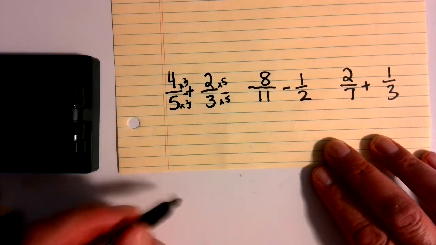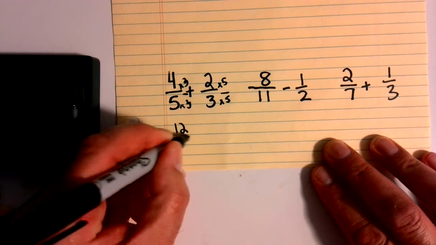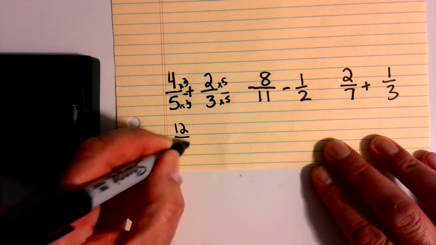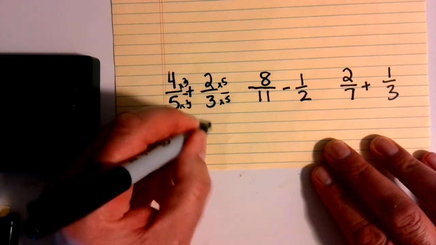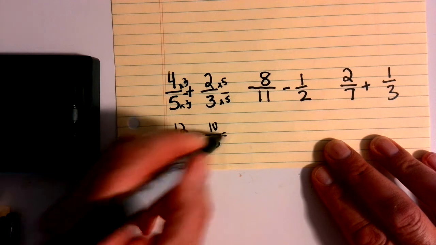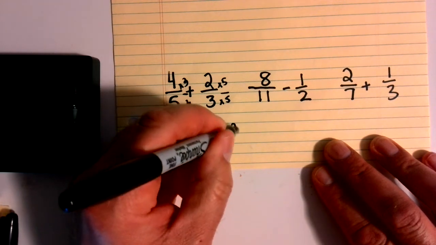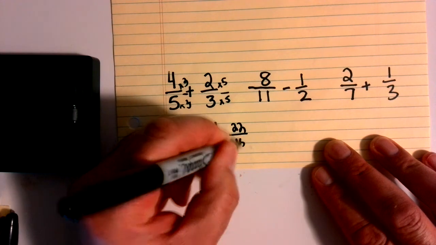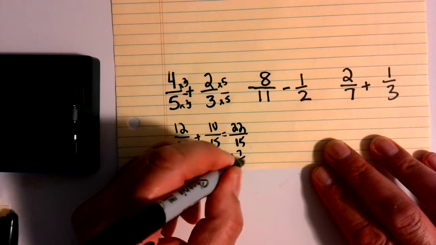Which will give me 3 times 4 is 12 over 5 times 3 is 15. And I'm going to add that to 5 times 2 is 10, and then 3 times 5 is 15. When I add those 2 together, it's 12 plus 10, or 22 over 15. And then if you wanted to, you could create a mixed number and say 1 and 7/15.